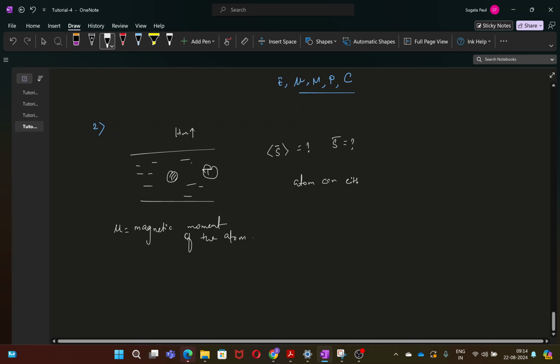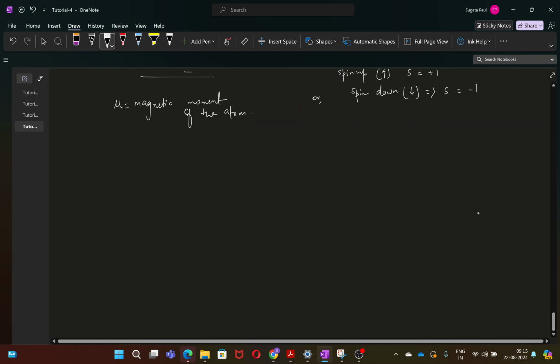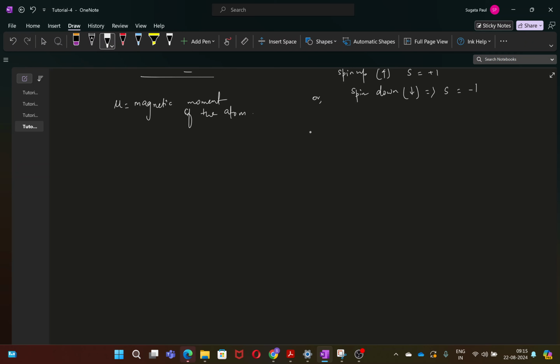It can either have spin up where S equal to +1 or spin down, which is equal to -1.